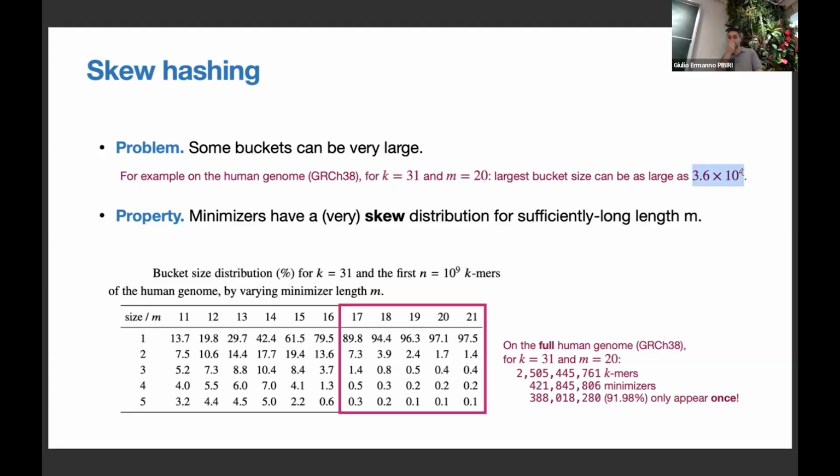So many, many times. And this is a problem with the structure we have just explained, because in the worst case, it means that we would have to scan, like inspect, all of those super k-mers, which is, of course, a nightmare. So the lookup time will be terribly slow.